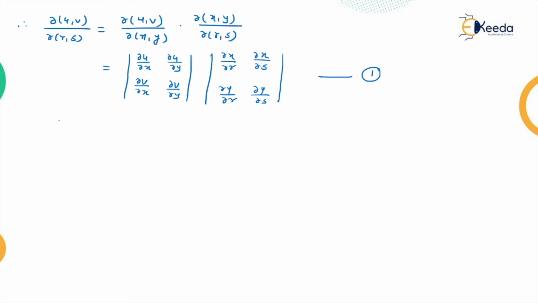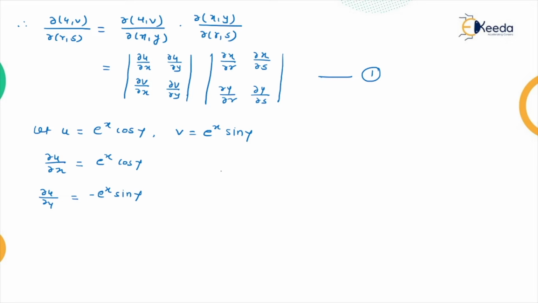First of all, u and v are given: u equals e to the power x cos y, v equals e to the power x sin y. ∂u/∂x is e to the power x cos y, as the derivative of e to the power x is itself and cos y is a constant. ∂u/∂y is e to the power x, treated as a constant, times the derivative of cos y, which is minus sin y. ∂v/∂x is e to the power x sin y as it is, and ∂v/∂y is e to the power x times the derivative of sin y, that is cos y.